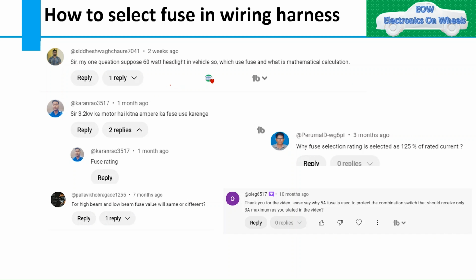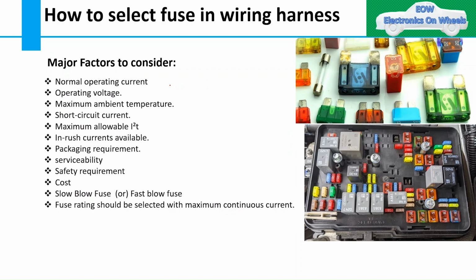First, let me tell you how to select the fuse and what the major factors to consider are. The first thing is the normal operating current of that particular component. At what operating current is that component working, and what is the operating voltage? The system voltage also needs to be considered, whether you are working on a 12-volt system or a 24-volt system.